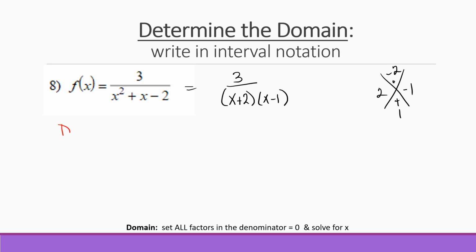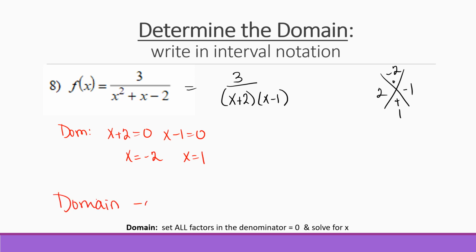Again, in order to determine the values not included in the domain, we're going to set each of those factors, x plus 2 equal to 0 and x minus 1 equal to 0. When I solve for the x values, I'll get negative 2 and positive 1. Again, put them in numeric order as you actually list the domain.